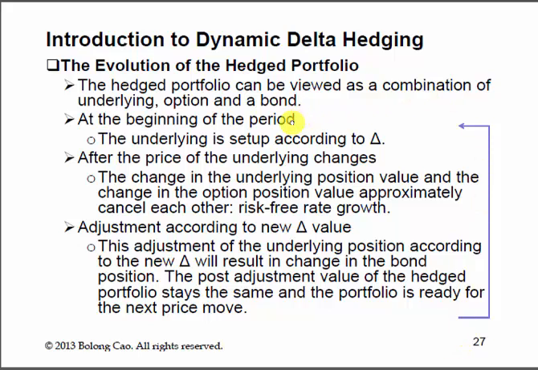You cannot go back to the beginning of the period. After the adjustment, the portfolio is hedged exactly according to the current delta. But when you go to the next period, maybe next minute or next 10 minutes or next day, this hedged portfolio will start to perform its hedging responsibility. But once that responsibility has been done, there will be a new delta, and we need to adjust the hedging according to the new delta.